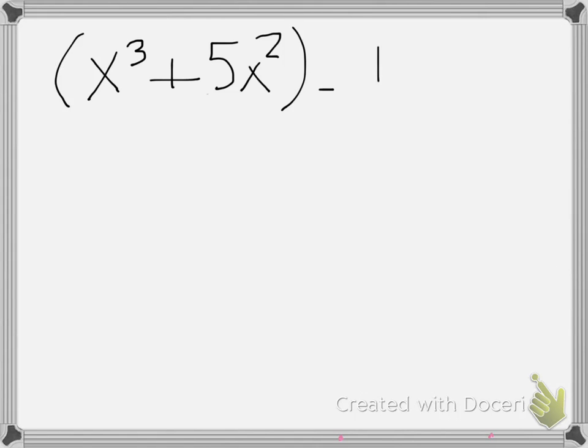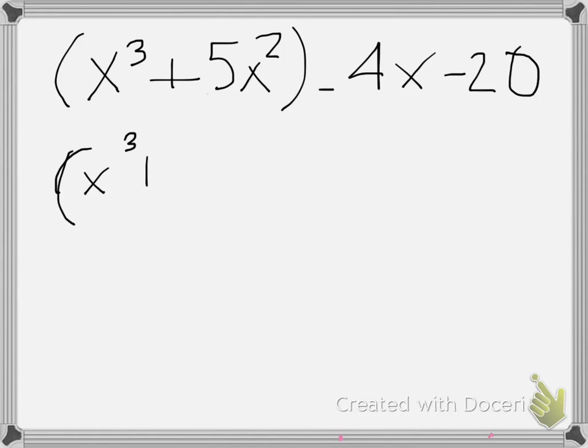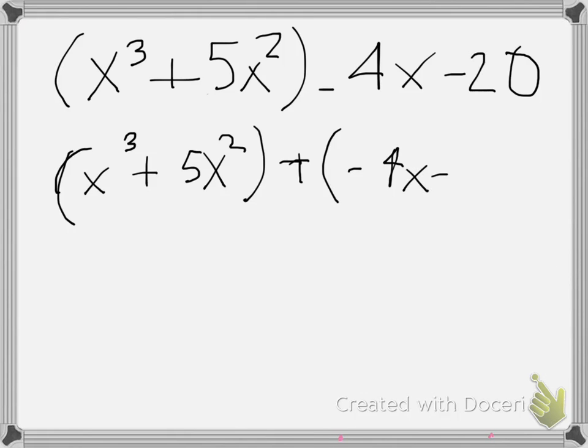Now we're going to talk about factoring. First we're going to do factoring by grouping. We're going to do x cubed plus 5x squared minus 4x minus 20. And then it goes x cubed plus 5x squared plus negative 4x minus 20.